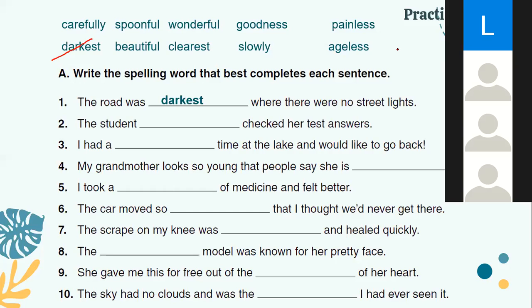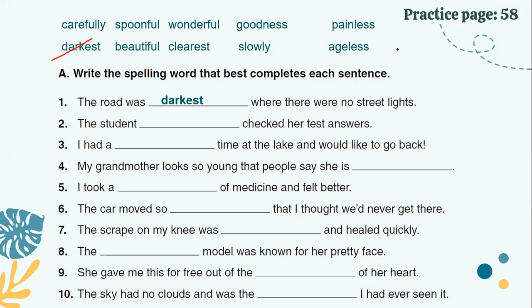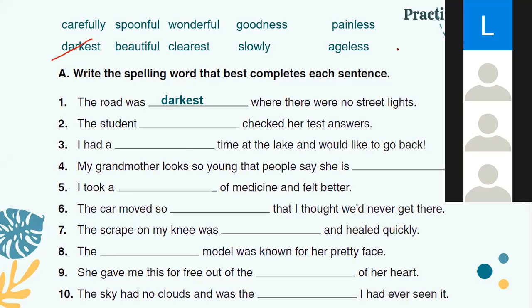Number two. The student checked her test answers. Slowly. The student slowly checked her test answers. It could work, but here there is a better word to use. When you want to check your answers, how do you check them?